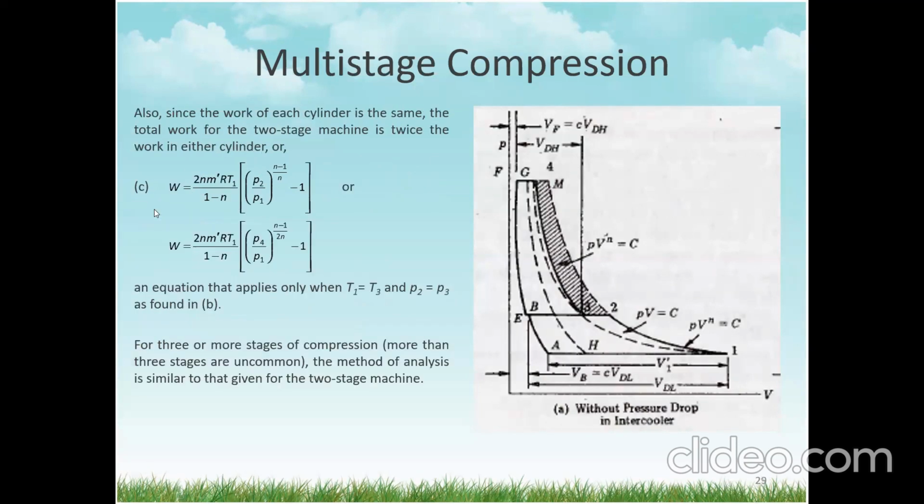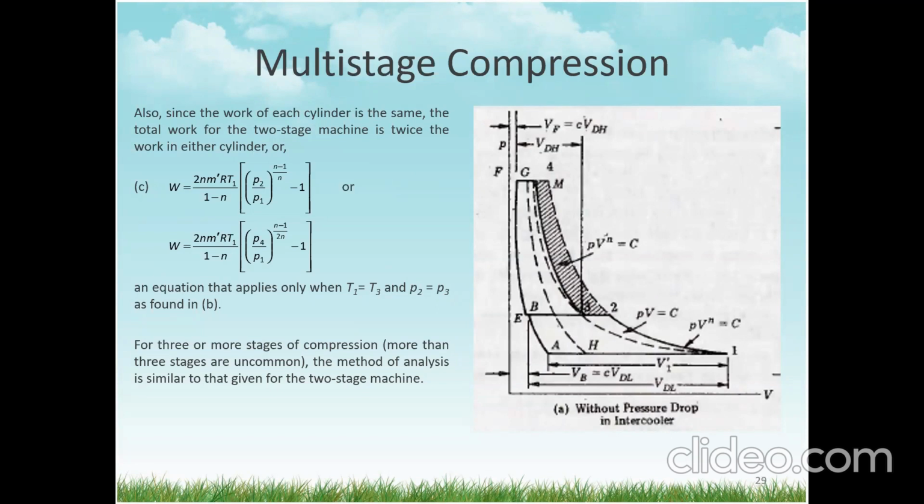Reviewer. Since the work of each cylinder is the same, the total work for the two-stage machine is twice the work in either cylinder, or W is 2nM'R T1 over 1 minus n times (P2 over P1) to the (n minus 1) over n, or the pressure ratio is P4 over P1. Okay? An equation that applies only when T1 is equal to T3 and P2 is equal to P3.